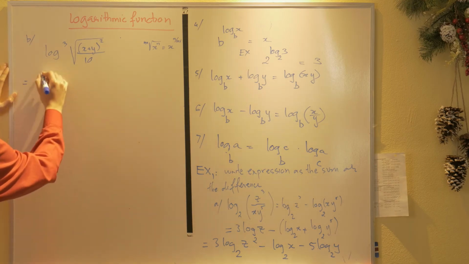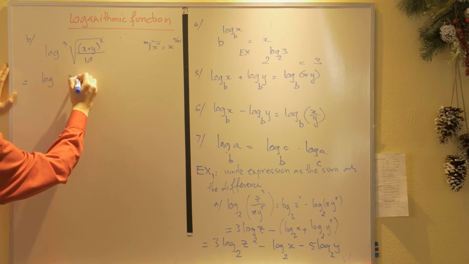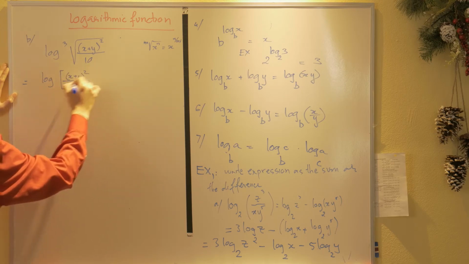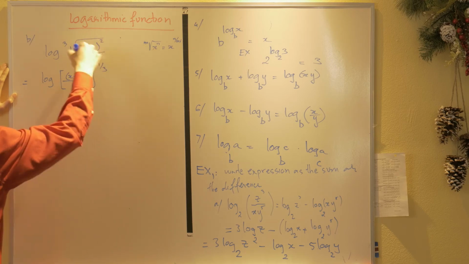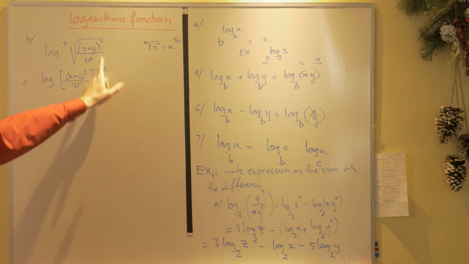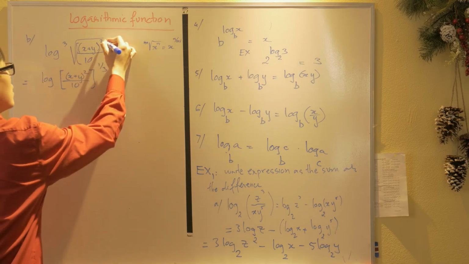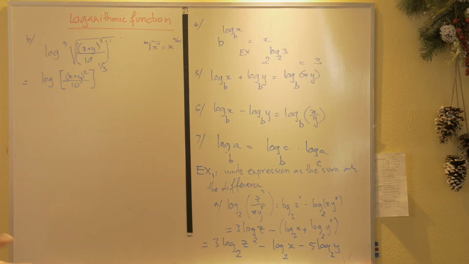So I can write it as log of xy square over 10, everything raised to the 1/3. Because over here, the exponent of the whole thing inside is 1. M over here is 3, and n is 1. Okay, it's an invisible one. Usually, x to the first power we never write, right?